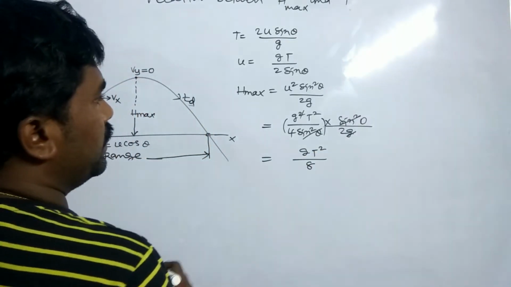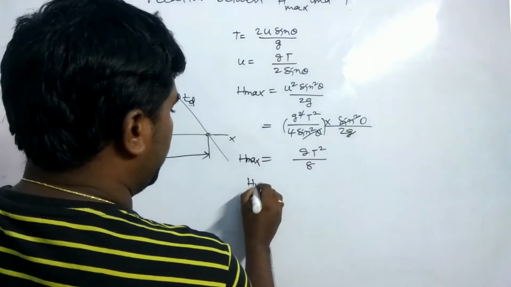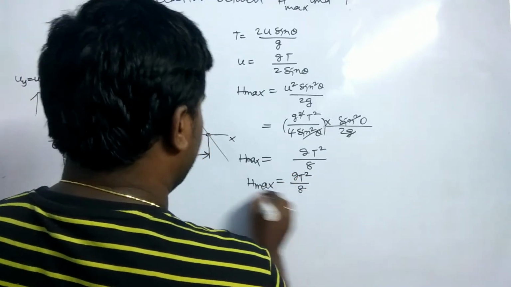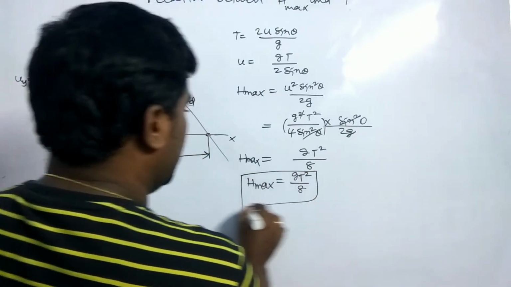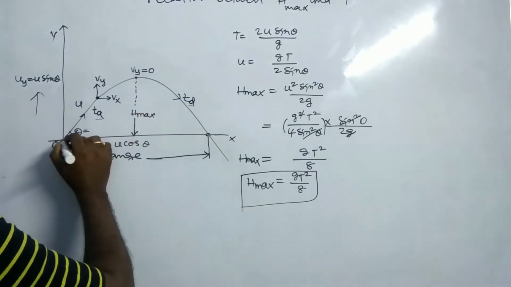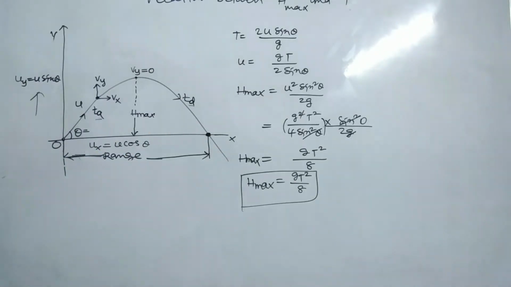gt square by 8. This is the h maximum. So h maximum is equal to gt square by 8. This is the relationship between time of flight and maximum height. This is the maximum height, and the total time from this point to this point is the time of flight.